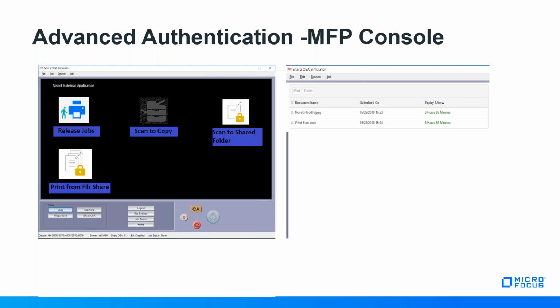You would simply look at the jobs and release them on the printer. So the possibilities are immense with advanced authentication and print going hand in hand on top of the multifunction printer console. And we hope that we will be able to give these features to you as soon as possible.